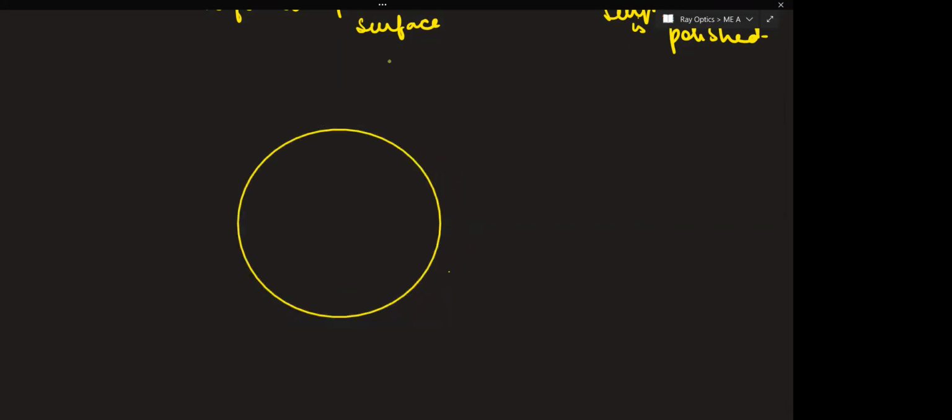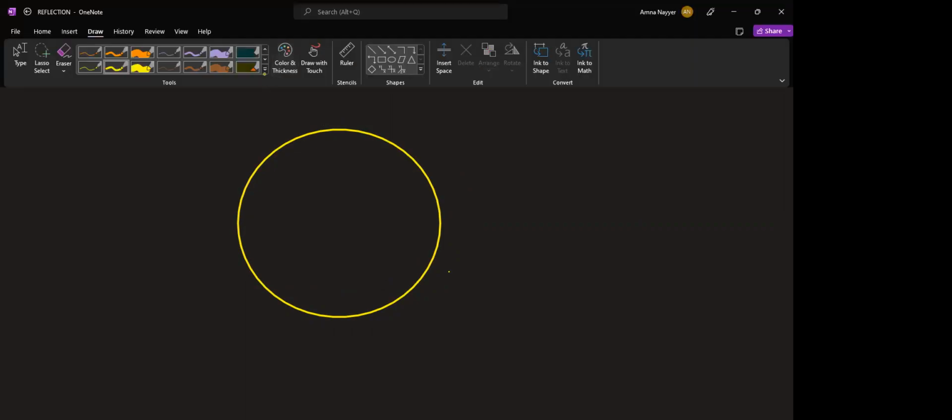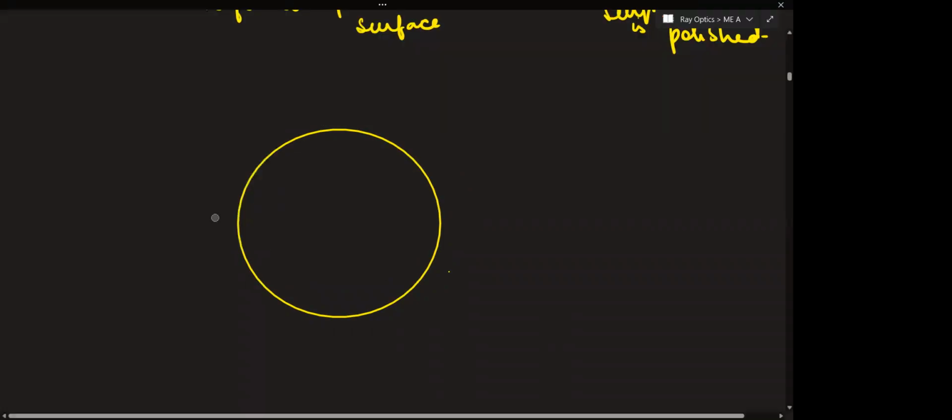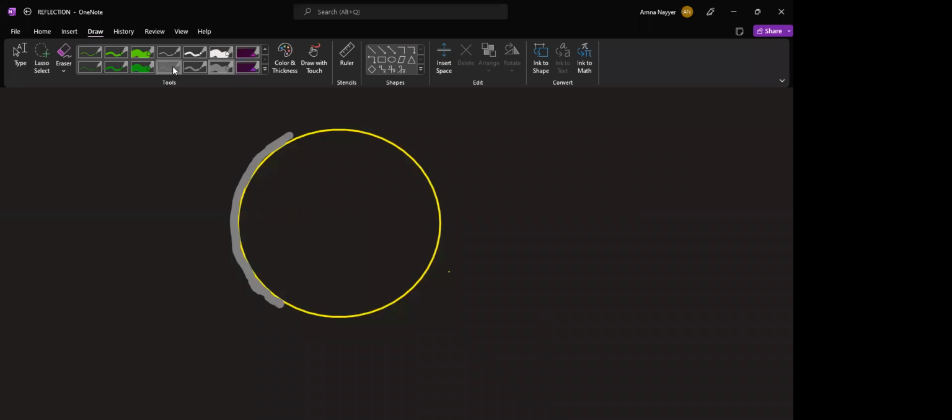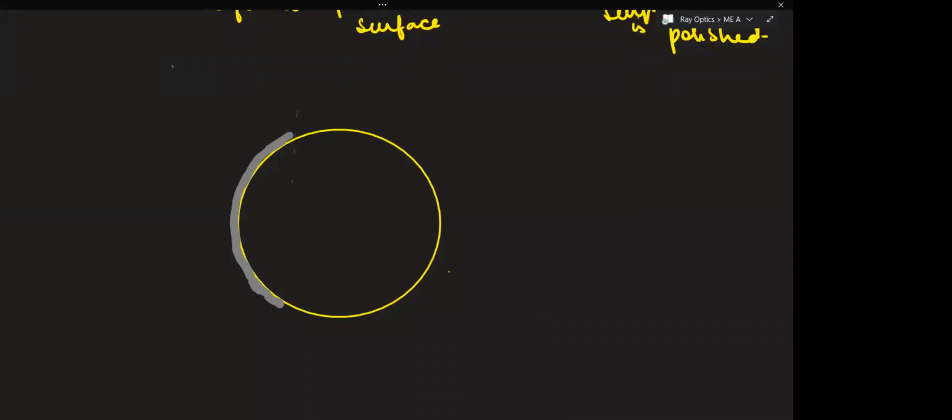Now, if I have just polished this part only, this is acting as a mirror. This part is acting now as a mirror for me.